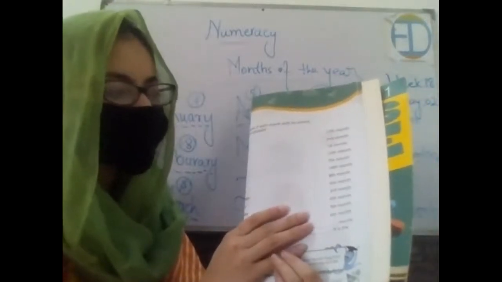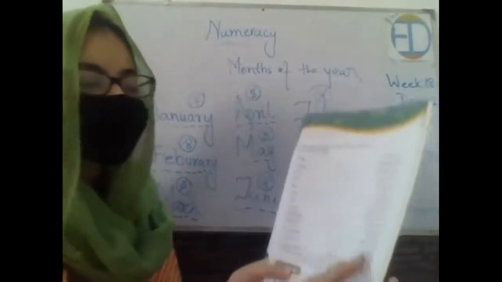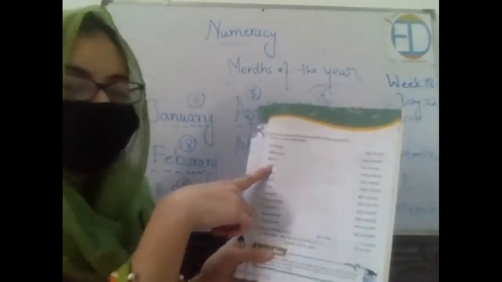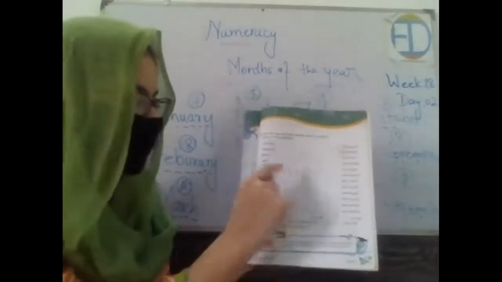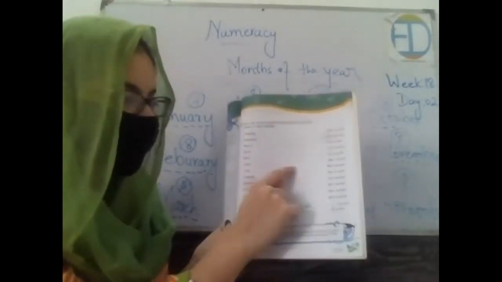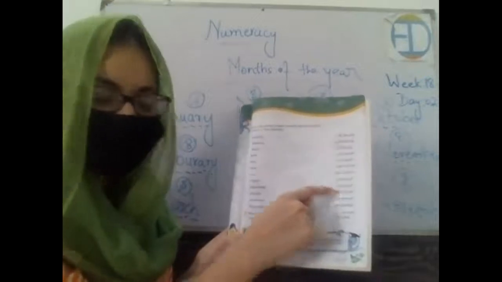January is which month? It's first month, and first is on third place. Good. Then we have February. February is the second month. March, third month. April, fourth. May, fifth. June, sixth.